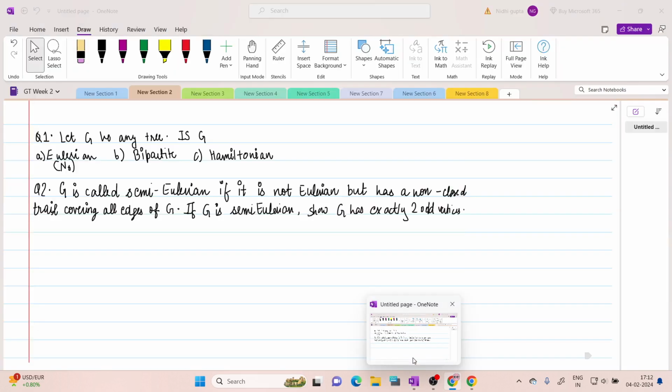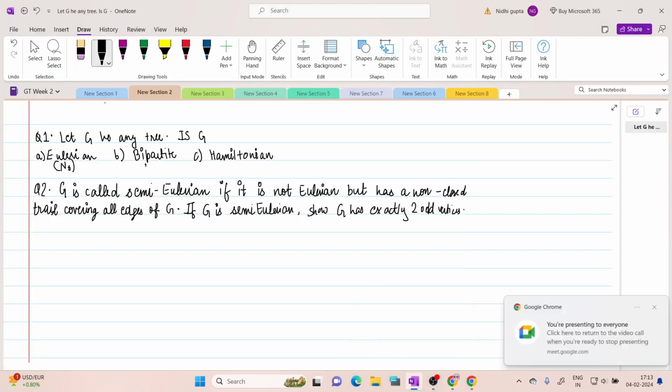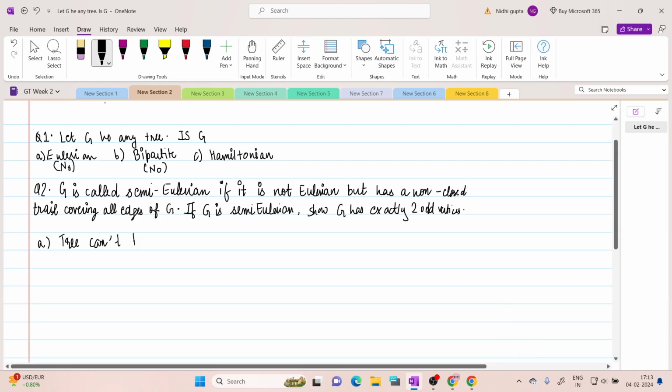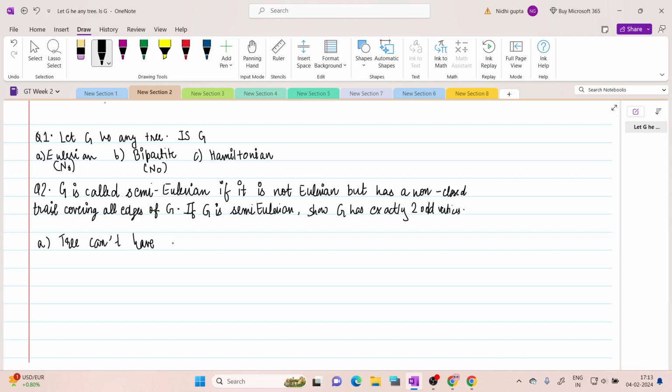And what about Hamiltonian? A tree is not Hamiltonian. Why? Because in Hamiltonian we have to use each vertex only once.